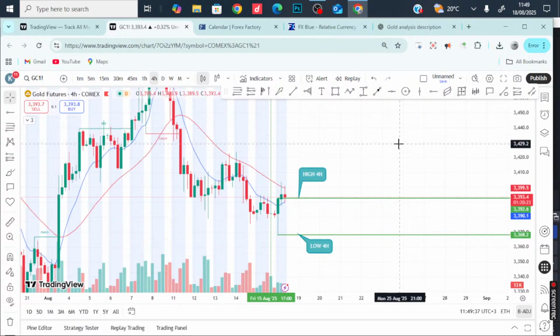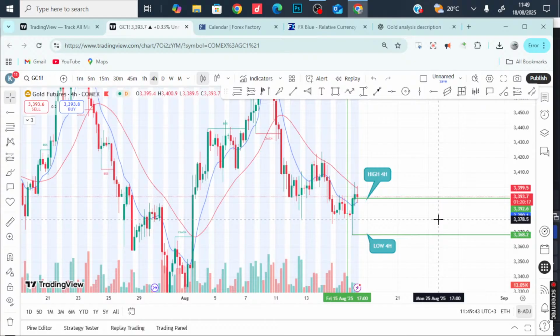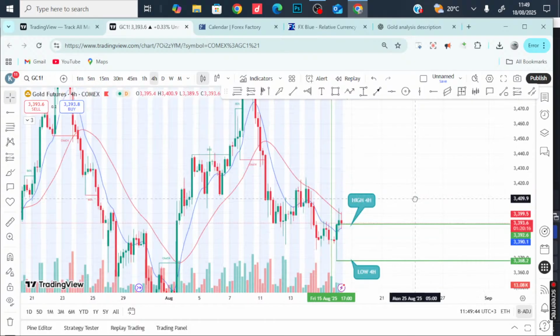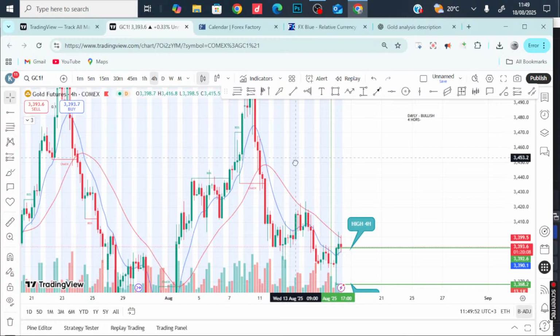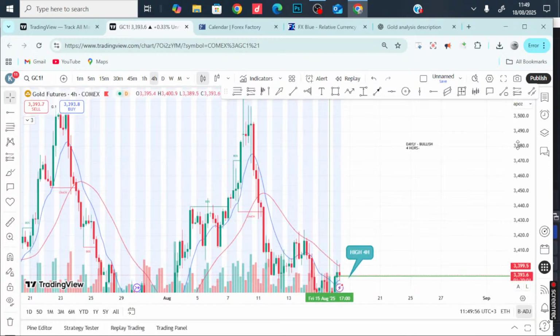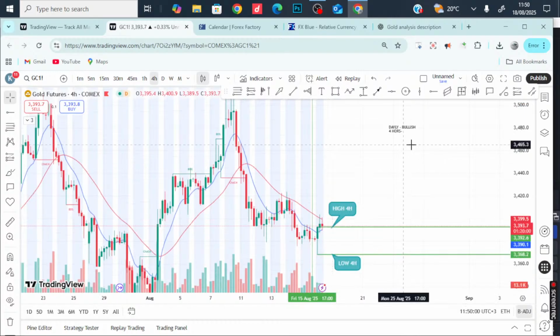So now the second aspect, we come and look at the trend. Now we look at the trend of the market. As you can see, this is a 9 moving average, this is a 20. As you can see, the market was having a downtrend at this point.